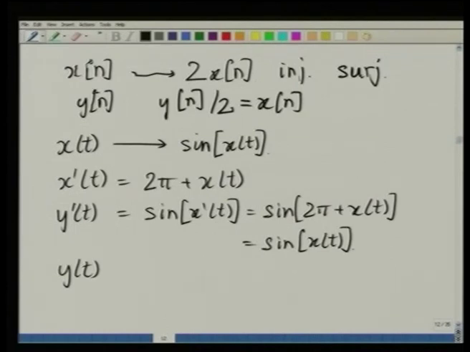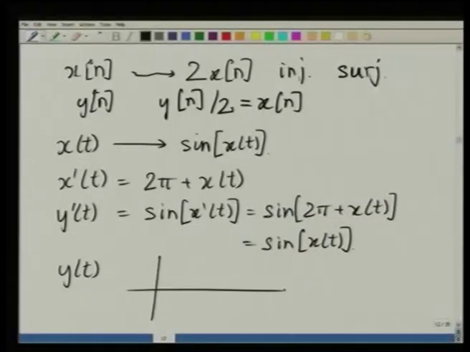Now, you know that the sine of an argument can never exceed the range minus 1 to 1, whereas an arbitrary function y(t) could lie outside the range minus 1 to 1 as well. Nothing stops me from choosing y(t) to be a function which is, say, like this, where the amplitude here is, say, 2.